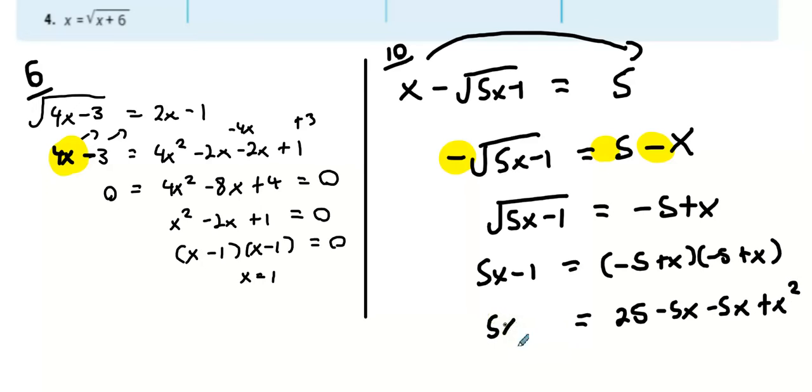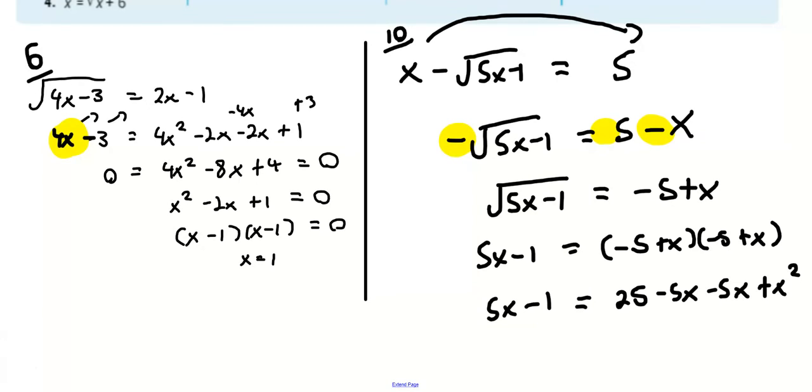And that's a 5x minus 1. Now, when I bring it all to one side, it's going to be 0 equals x squared minus 15x plus 26. Yeah, that's actually all right because it's just 2 and 13.